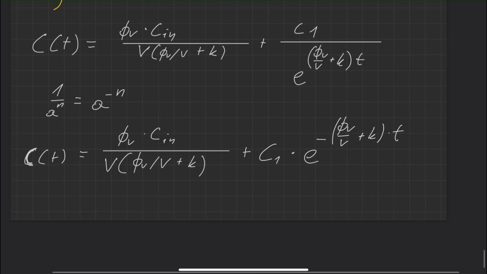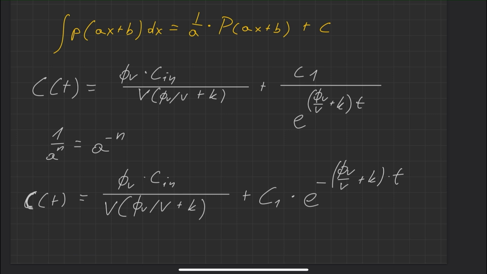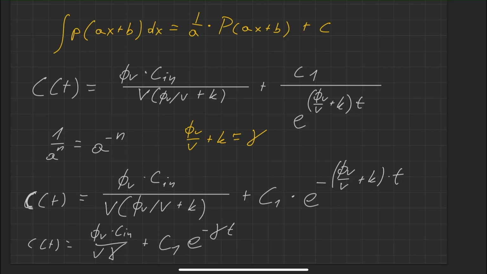Okay, so if we quickly note down that Fv divided by V plus k is some kind of constant, let's call it gamma, we can simply write that this is Fv times Cin divided by V times gamma plus C1 e to the power of minus gamma t. And this is our whole answer.